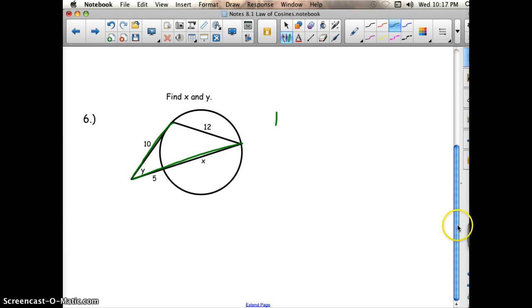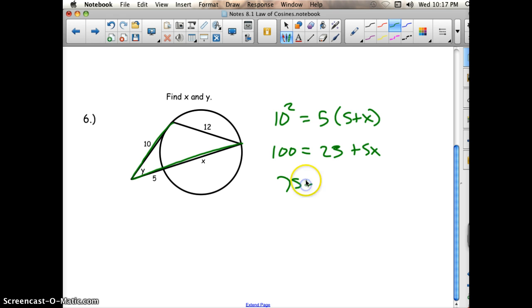So it's 10 squared equals 5 times 5 plus x. All right, so you've got 100 equals 25 plus 5x. 75 equals 5x. You divide both sides by 5, and you get 15 equals x.